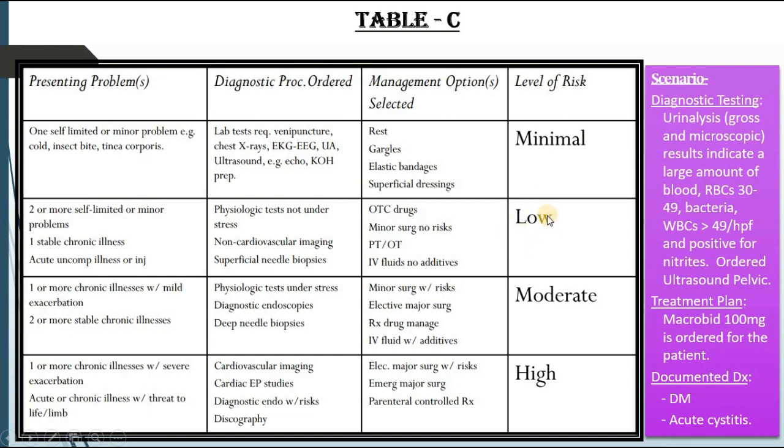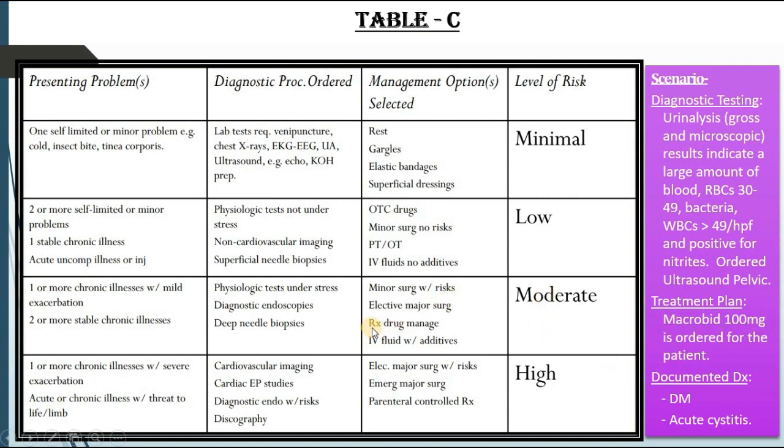After that we have to check, it's confirmed low, but we have to check again carefully in the documentation if there is anything for the moderate level. After checking you can find here Microbid 100 mg is ordered for the patient, meaning it's a prescribed drug.